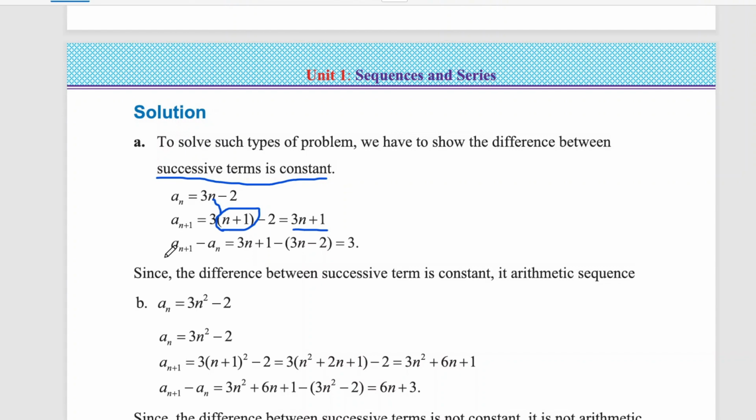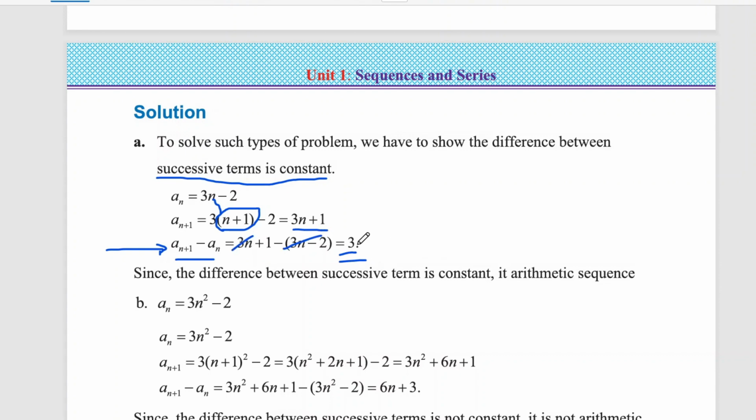Then to check whether the general term is an arithmetic sequence or not, we have to subtract an plus 1 minus an, which is equal to 3n plus 1 minus 3n minus 2, which is 3. This is constant, okay? So since the difference between successive terms is constant, it is an arithmetic sequence.